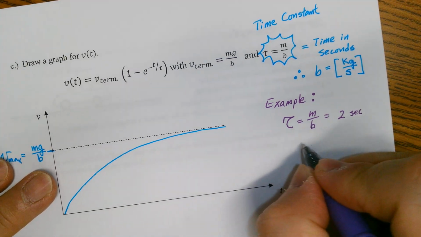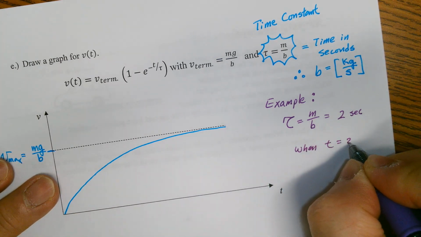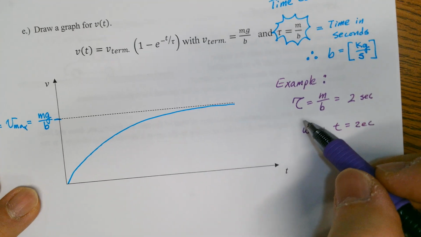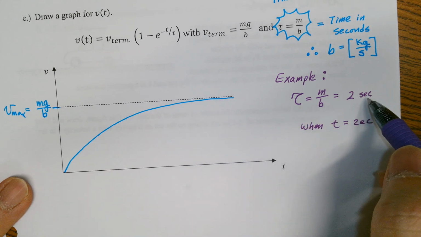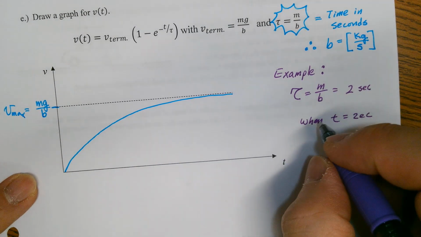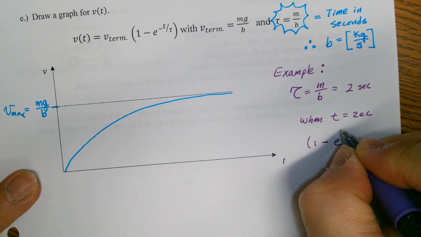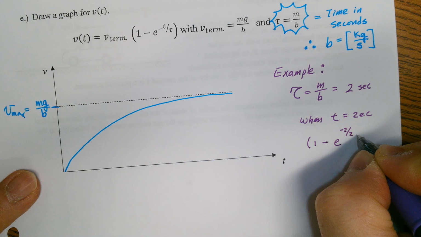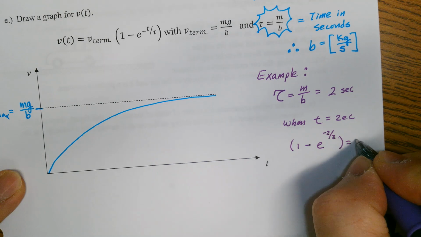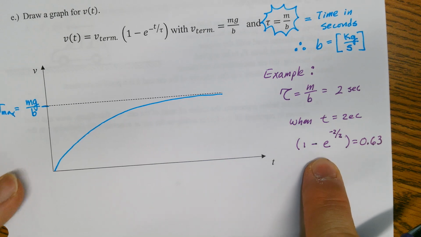Now let's take a look at what happens when t is equal to 2 seconds, with the time constant also equaling 2 seconds. Well, if we work it out, 1 minus e to the negative 2 over 2, and if you work this out in your calculator, I think you'll get something like 0.63 as your value.